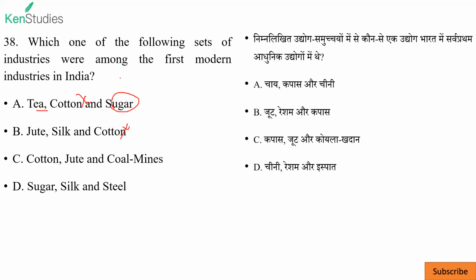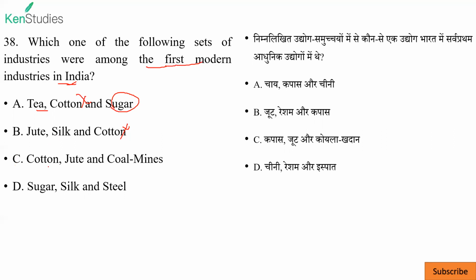Actually, it is about the first modern industry, in the sense of an industry started in modern time proper. I'm sorry, cotton was there in the Indus Valley civilization, but it was not in the form of a modern industry.